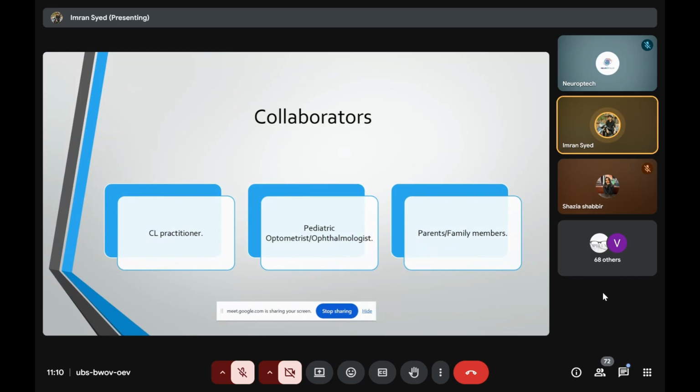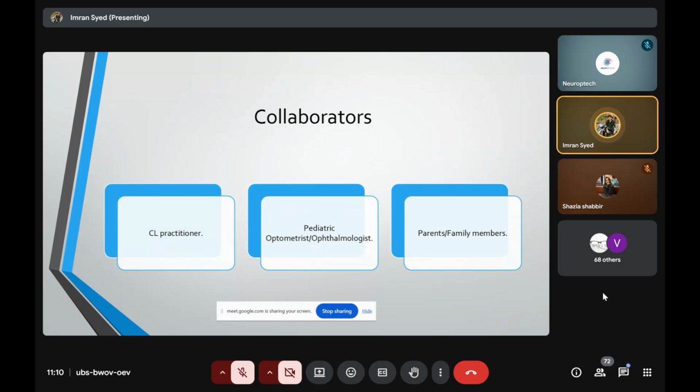So, who all should be present in the management of contact lenses in a kid? The first is your CL practitioner, and the second, the pediatric optometrist and ophthalmologist, because they need to do the refraction before going into the contact lens. They'll give you refraction values, and they'll tell you if the child's ocular surface is fine, whether they have any complications, or whether they are not indicated to use contact lenses.